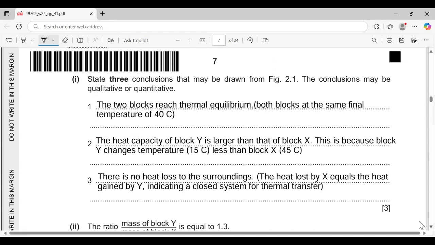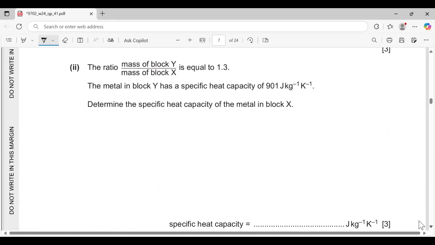Let's continue. The mass of block Y over mass of block X is equal to 1.3. The metal in block Y has a specific heat capacity of 901 joule per kilogram per Kelvin.